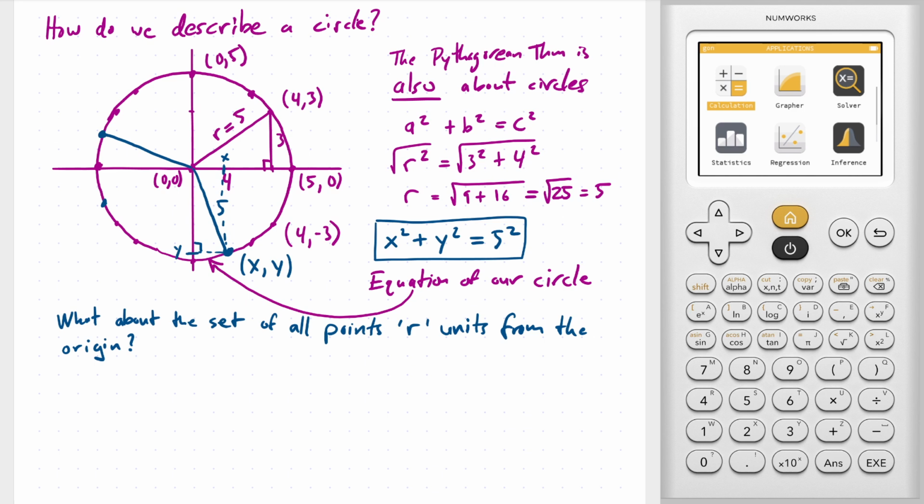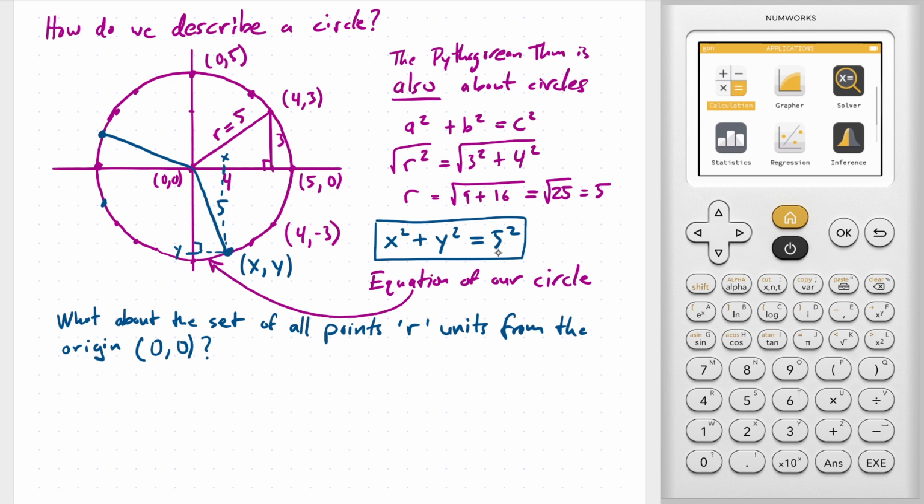Okay, so it turns out that this is really simple, right? The origin is, of course, the point 0, 0. So what about that? Well, it turns out that that is actually really simple.